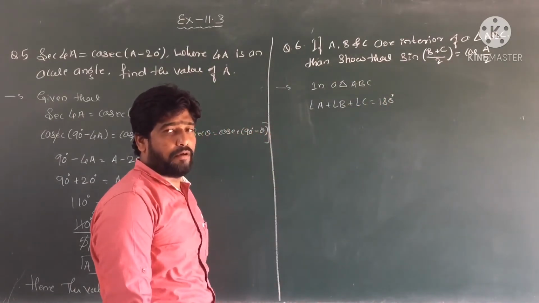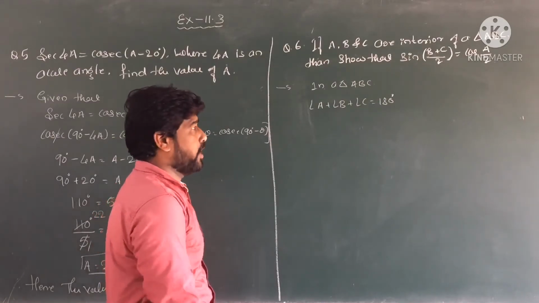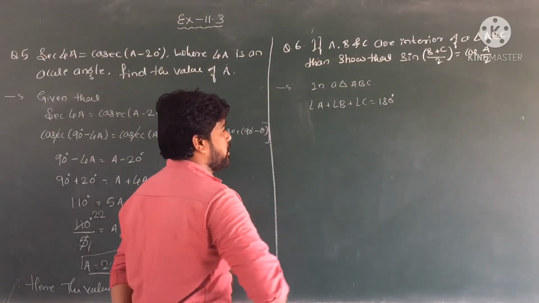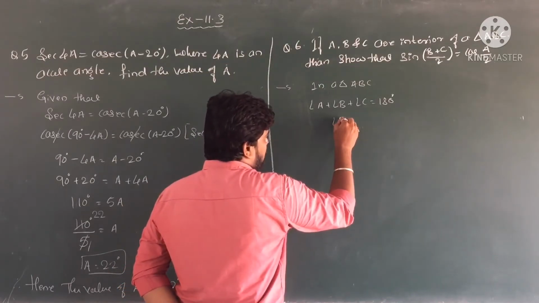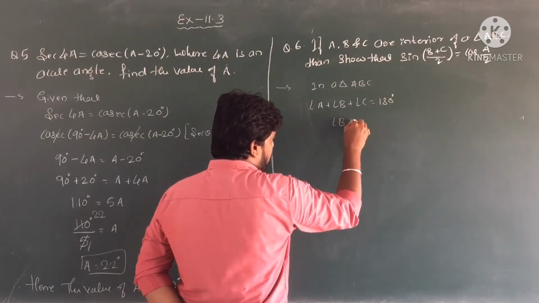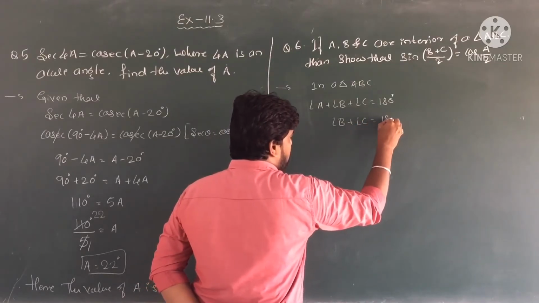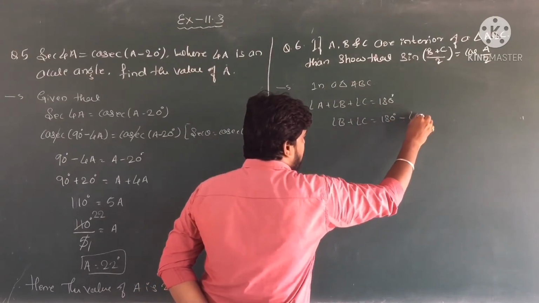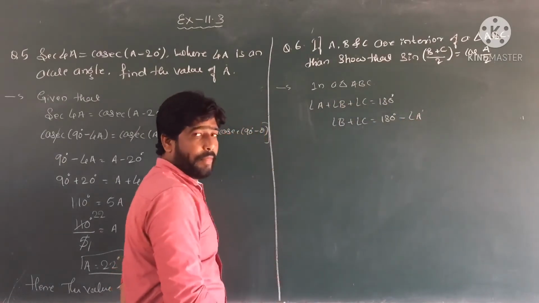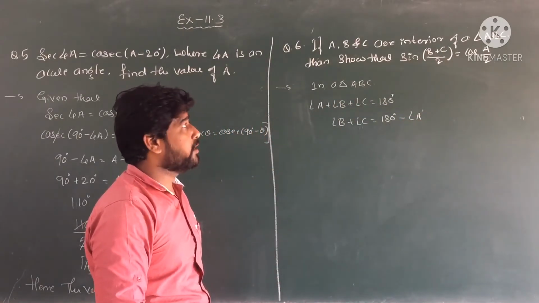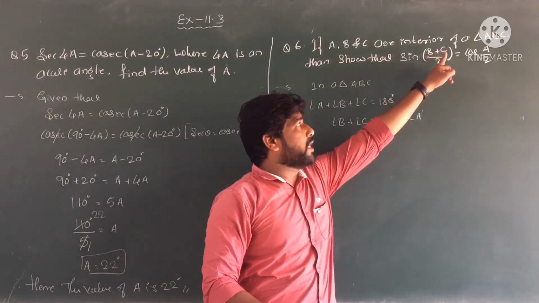Angle sum property of a triangle, right? So here you can write angle B plus angle C is equal to 180 minus angle A. Angle A comes this side, this becomes a minus. Is it clear?